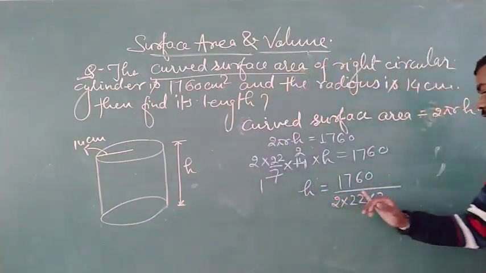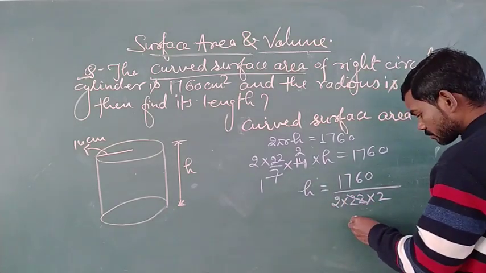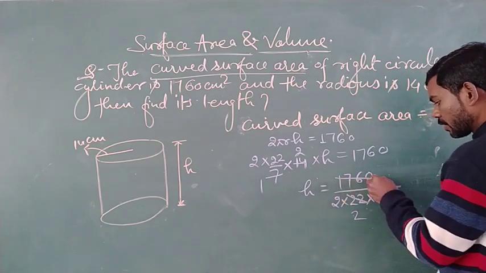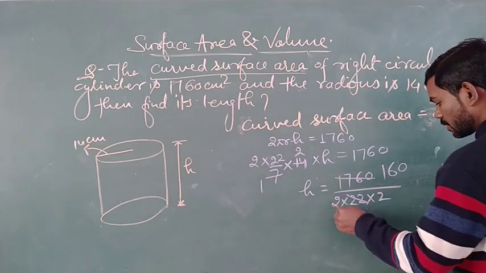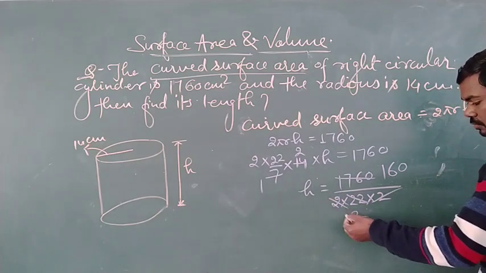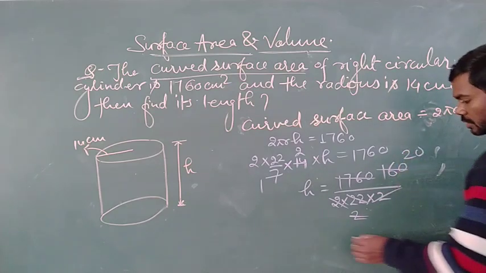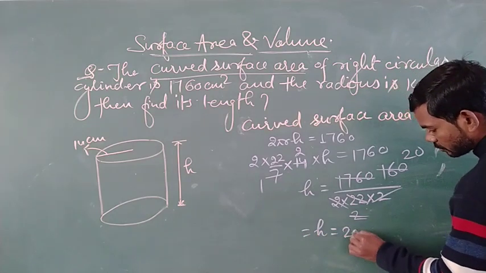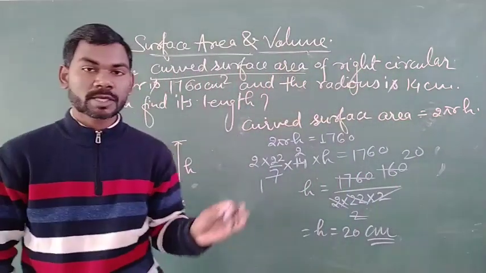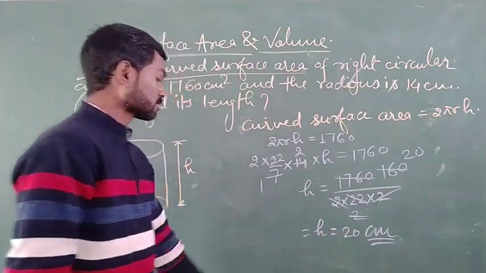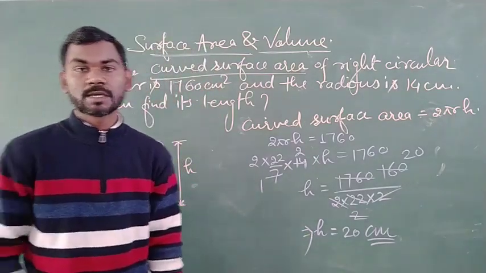Now dividing, 11 into 22, and 11 into 16 gives 160. Then 2 into 8 is 16, so the value of h is 20 centimeters. Students, in this way we can easily find the value of the height.